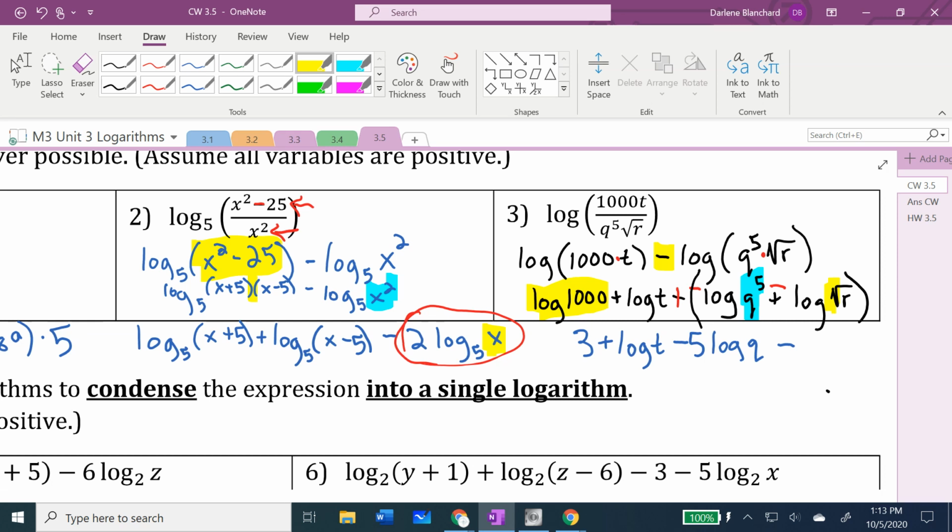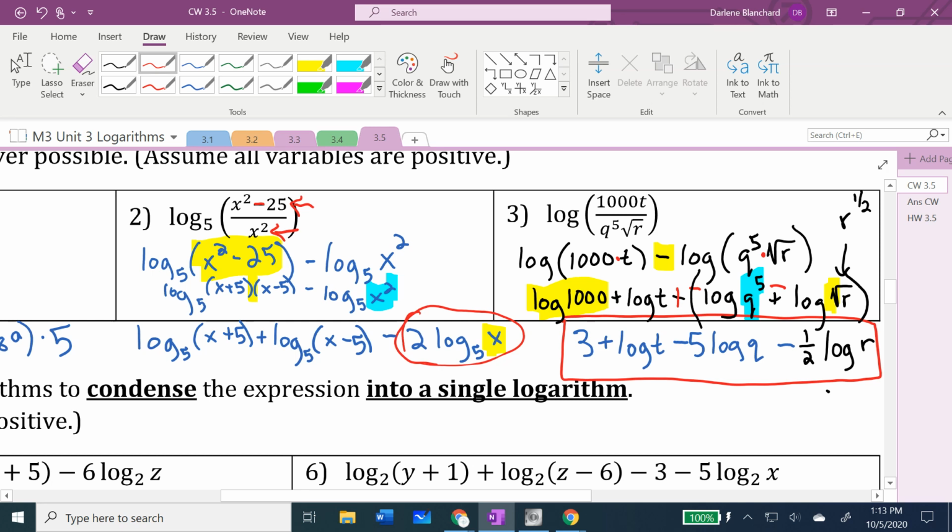Yep, 1/2. So that means that you can look at this as r to the 1/2 power inside your logarithm. The 1/2 can come out and multiply to that logarithm. And then this would be considered expanded.